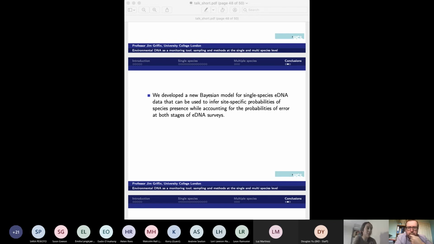And obviously the other issue that's come up a lot is the issue of study design, of how to allocate resources: how many sites, how many samples, how many PCRs, how many years, and so on. And that's something that we've also been looking at, or Andy Baxton's been looking at now for single species cases.